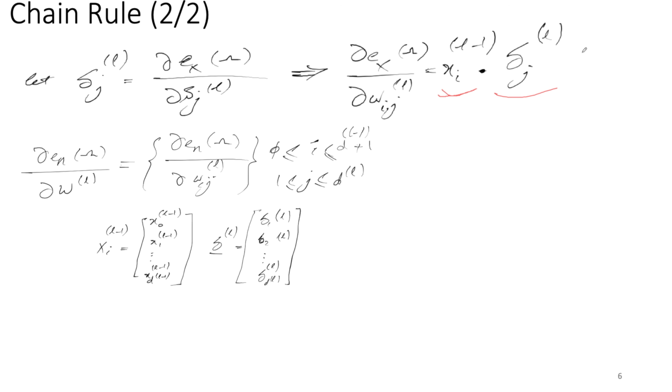And going forward, if you define them in vector space, you're going to have deltas, the vector of delta L from delta 1 up to delta d(L) of L, and you have xi's in the previous layer, which contain x0 of L minus 1 up to x d(L minus 1) of L minus 1, right?